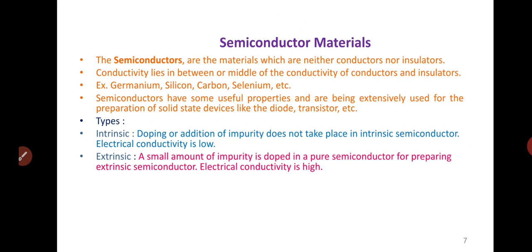Now there are also some basic types of semiconductors, that is intrinsic and extrinsic type of semiconductors. Intrinsic semiconductors are the pure semiconductors, means no addition of impurities in this semiconductor.